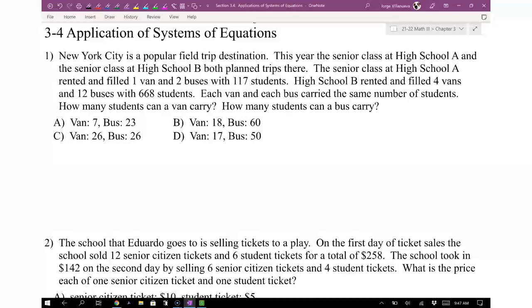Okay, so I know that's like, what am I supposed to do, right? Our objective is to figure out how many students can be in a van and how many can be in a bus, but first we have to build up our equation. Can I write an equation from the first sentence, which says, New York City is a popular field trip destination? No, there's nothing there. It's just, hey, it's New York.